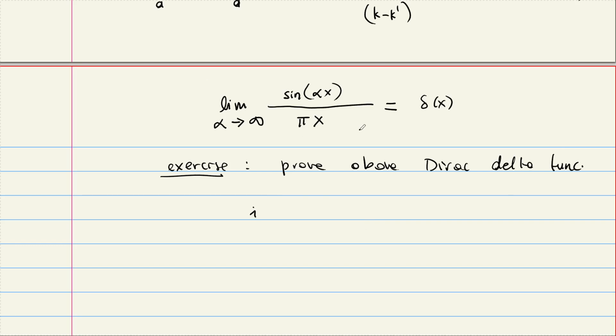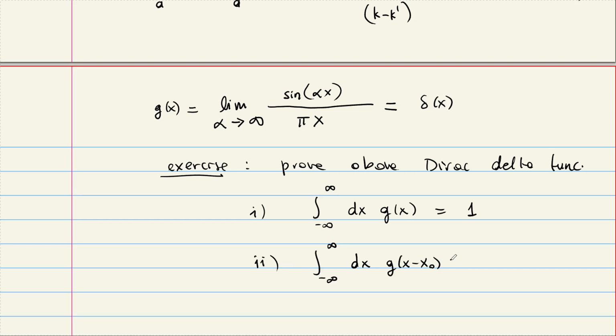If you call this limit g of x, first you need to show that the integral from minus infinity to plus infinity of dx g of x equals 1, by playing with limits. The second thing you need to show is that the integral from minus infinity to plus infinity of dx g(x minus x0) f of x is equal to f of x0. If you want, you can also take x0 equal to 0 and show it. If you show these two things, you immediately prove what I wrote to you.